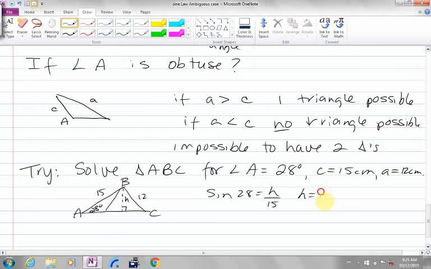So h equals 15 sine 28. Now, after you've done this a few times, you're going to notice that you're always taking the other known side and multiplying it by the sine of the angle. So if you go straight to this statement, I'm okay with that. So this works out to be 7.04, right? So 7.0. So since side A is less than 15 but greater than 7, we have 2 possible triangles.